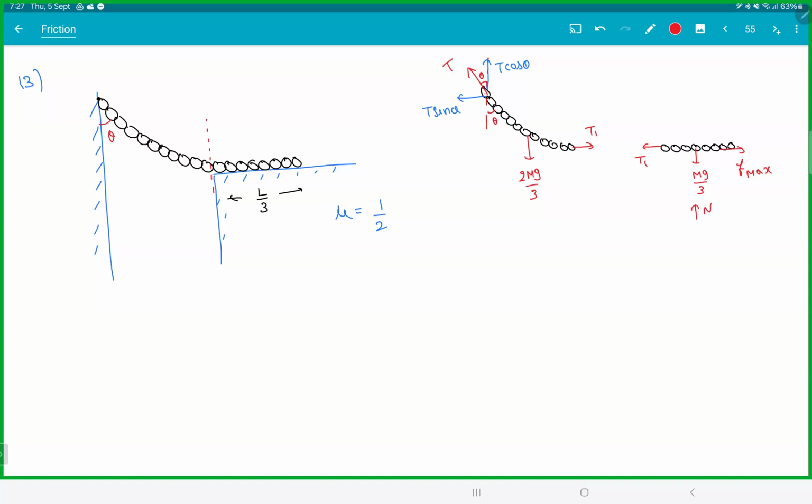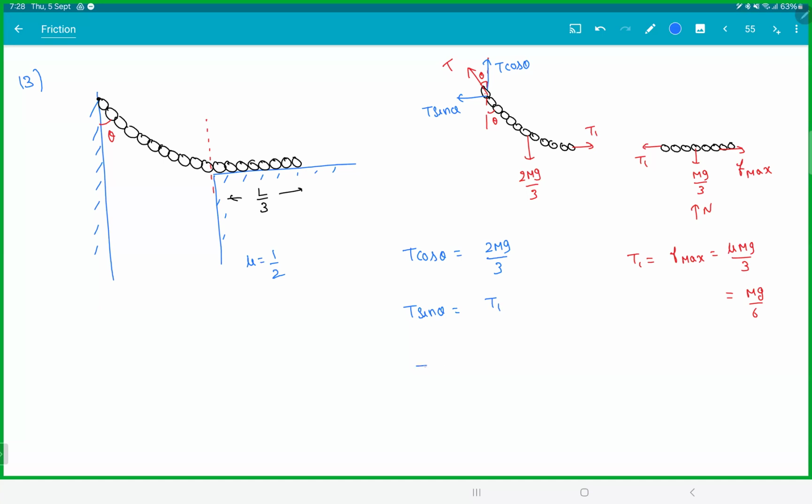This would be the normal reaction. So T1 must be F max. F max is mu mg by 3. Mu is half, so mg by 6. There I got the value of T1. Now for this part, if I write the equilibrium condition, T cos theta is balancing 2 mg by 3. T sine theta is balancing T1.